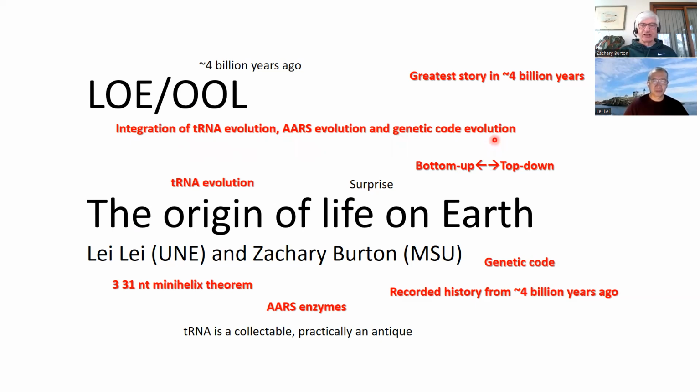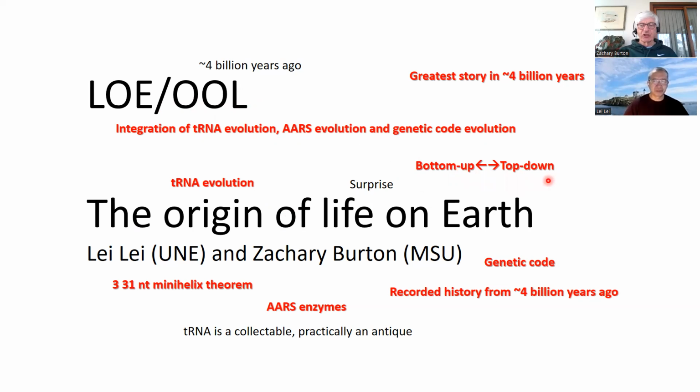And here, mostly what we're trying to do is give you an idea of what you need to integrate in order to make sense of what we're trying to present. So there are bottom-up and top-down approaches to origin of life. A bottom-up approach would be to make life in a test tube, which remains a challenge, but perhaps is becoming an easier challenge.